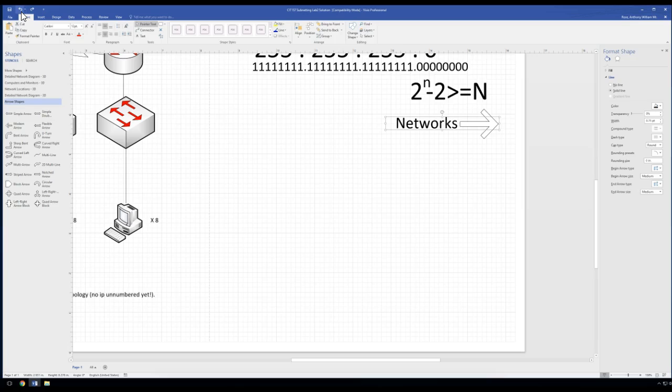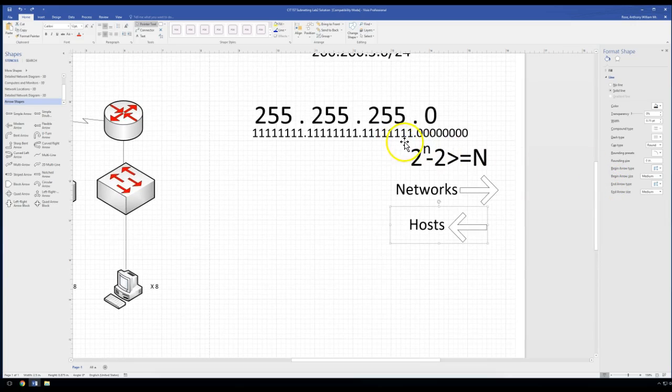We'll borrow bits, which is the term we generally use, from the left side of this last octet, changing those from host bits into network bits. So we will borrow a certain number of bits, and then we're going to have a certain number of bits left over. So we can apply this formula both directions.